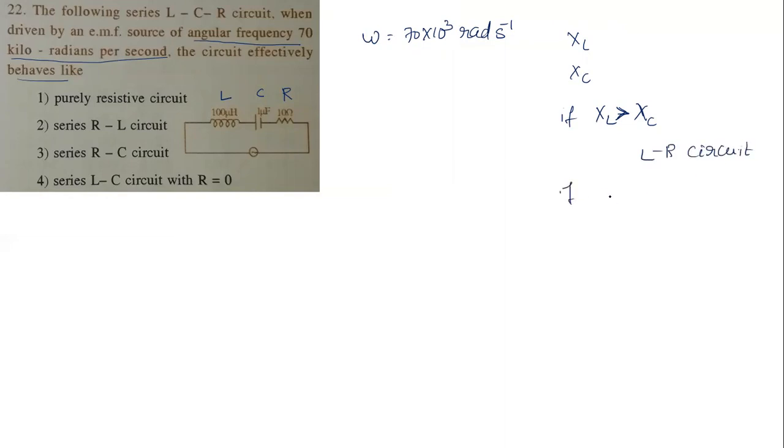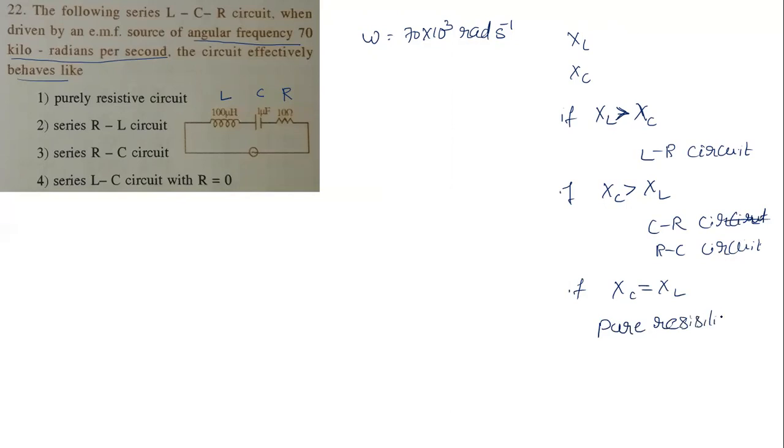If XC is greater than XL, then it is a CR circuit, or RC circuit. If XC is equal to XL, this is what we call a pure resistive circuit.